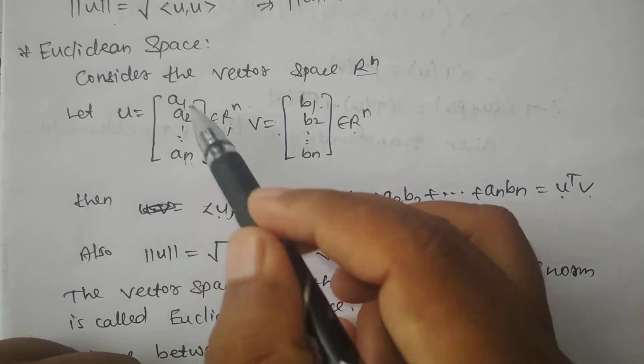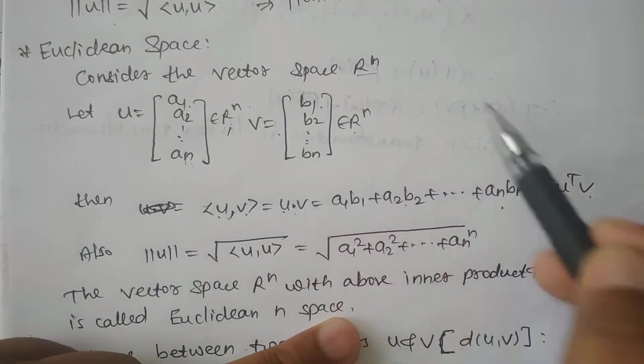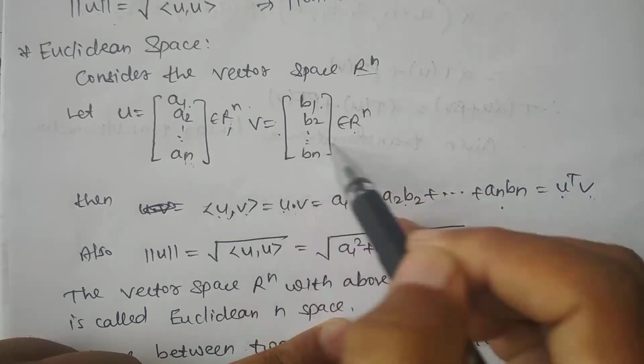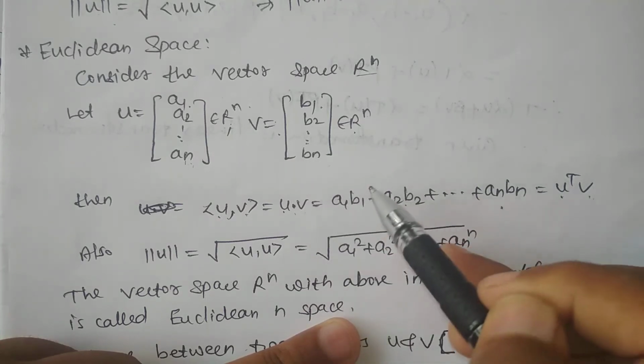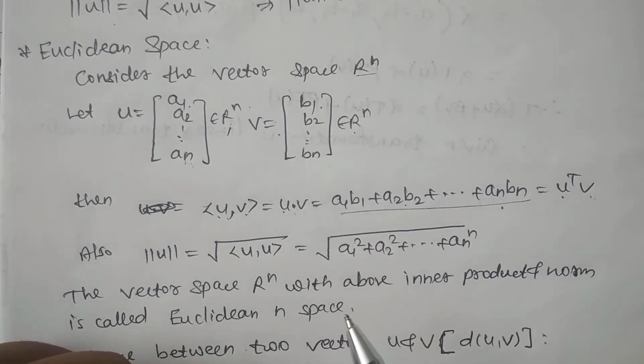If you take the transpose of the first vector u, you will get the row vector a1, a2, a3 ... an, multiplied by the vector v, that is b1, b2 ... bn, a column vector. If you multiply these two matrices, you will again get this term. This is the formula of the inner product in Euclidean space that we have to use while solving examples.